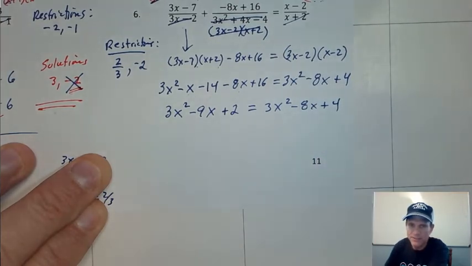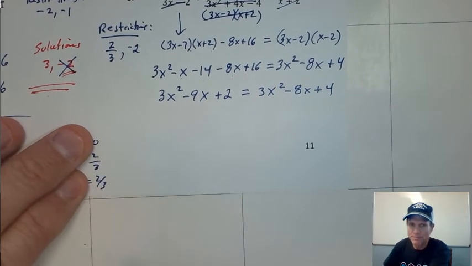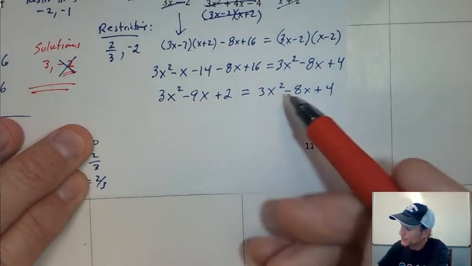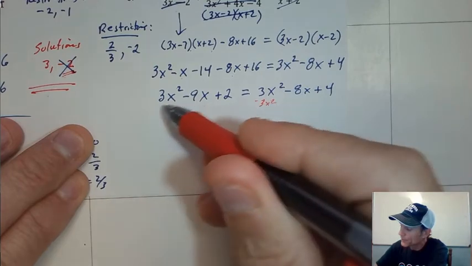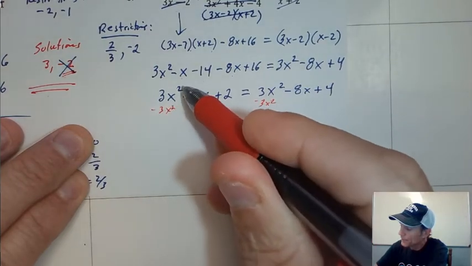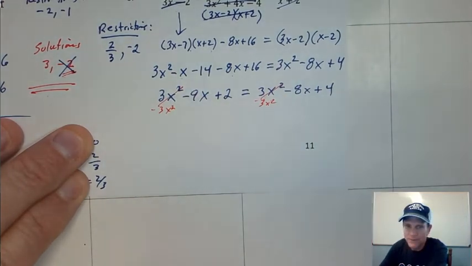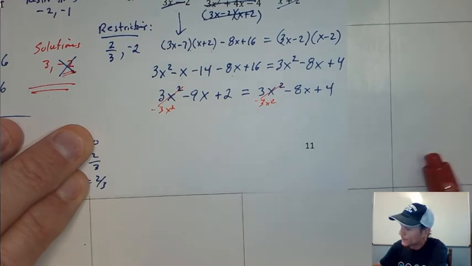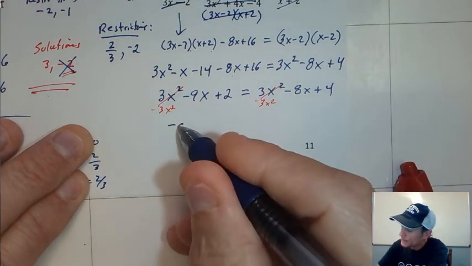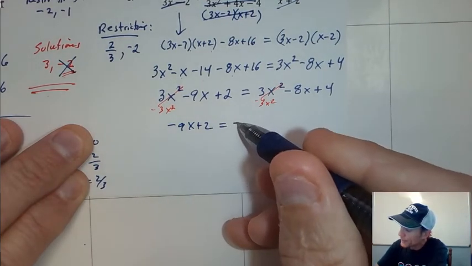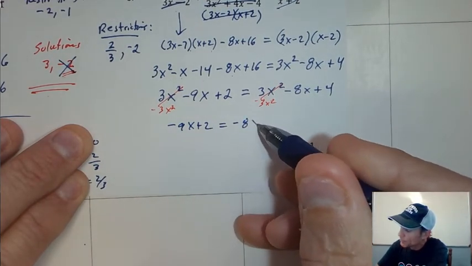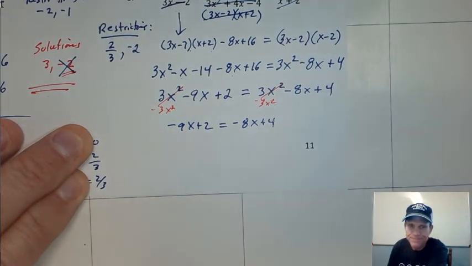So here's the nice little shortcut in this problem. I see that I have a 3x squared on both sides. Well, if I subtract 3x squared, look what happens. They cancel out. So I have negative 9x plus 2 equals negative 8x plus 4. So there's no squared anymore. I don't have to do any factoring to solve this.